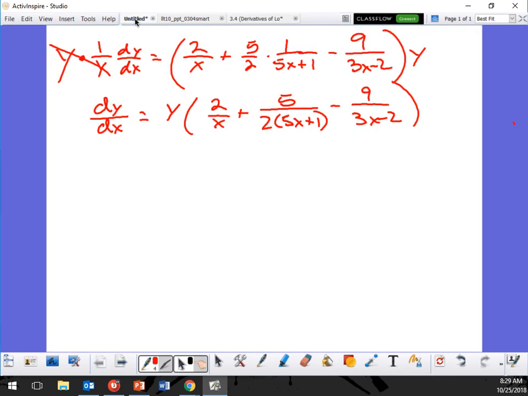Because I know that y is equal to x squared multiplied by the square root of 5x plus 1, divided by 3x minus 2 to the third. Like that. Yeah. So that is the value of y. Because I'm trying to get all x's on the right-hand side, I know what y is.